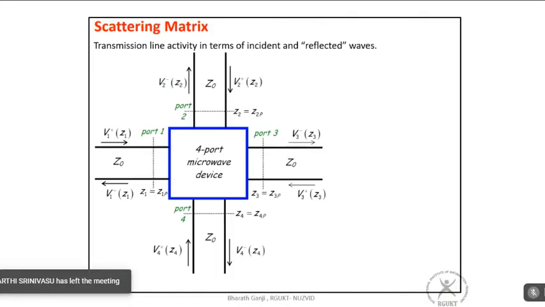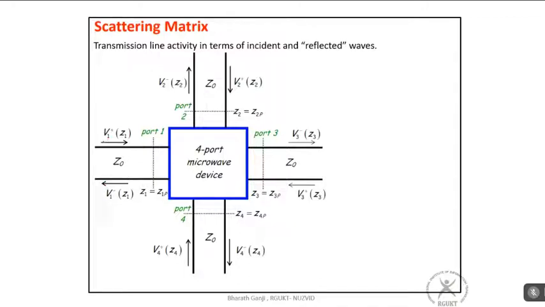So let us go deep into defining the scattering matrix. You have a two port network, some kind of four port network here. All the transmission activity is shown in terms of a wave that is incident and some wave that is reflected back.